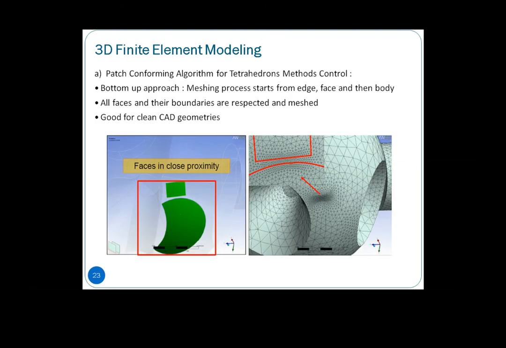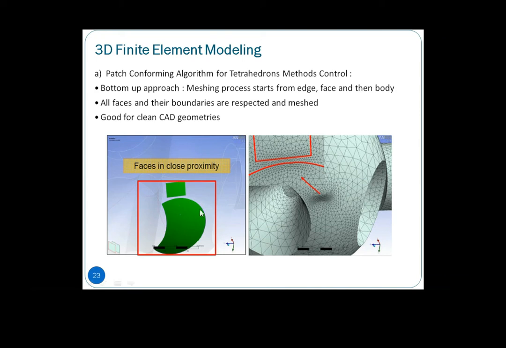So if you are using tetra, you have to choose whether you are using patch conforming or patch independence. Patch conforming is more towards a bottom up approach. So you start your mesh from the edges, faces, then only body.